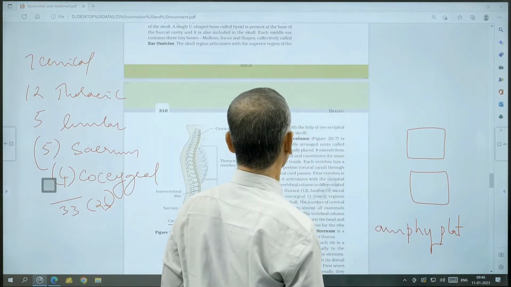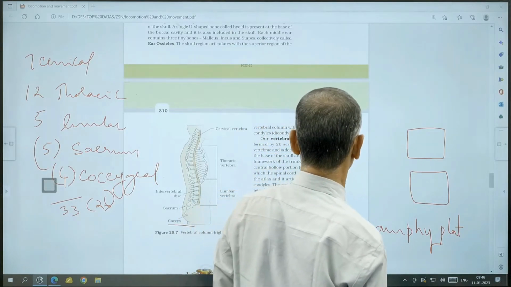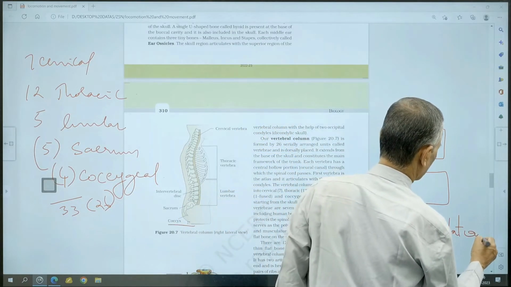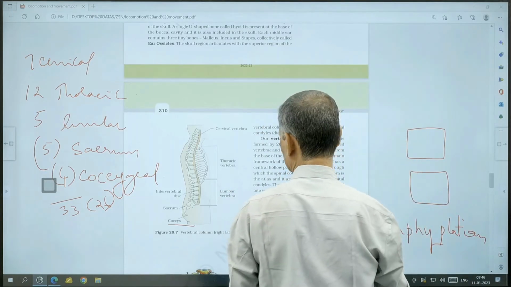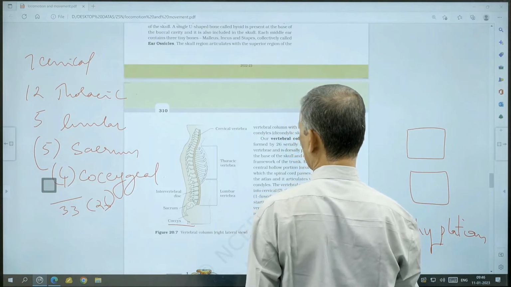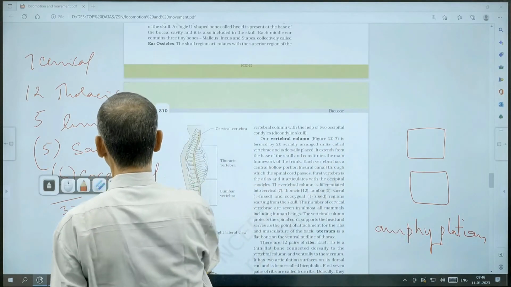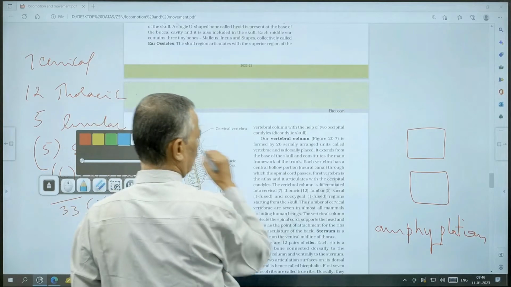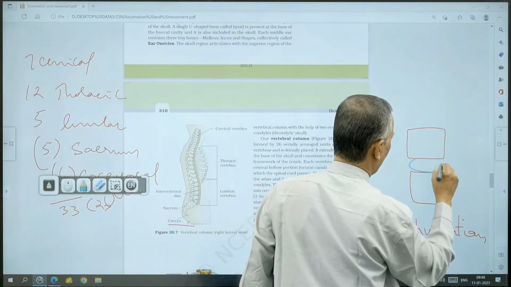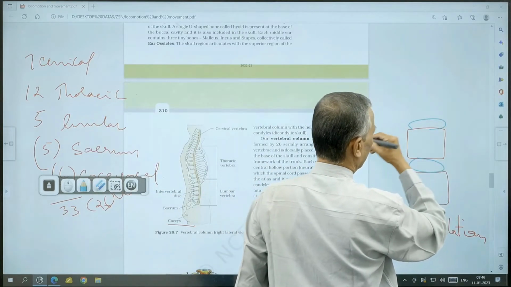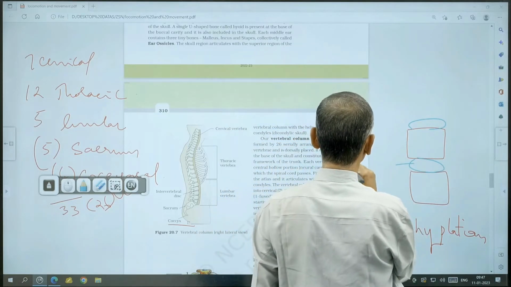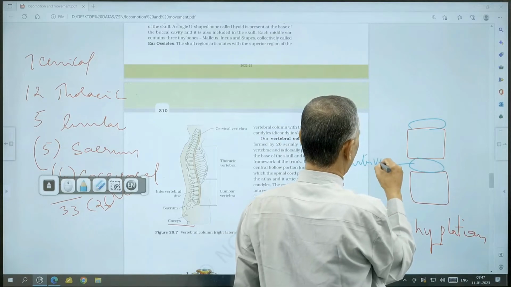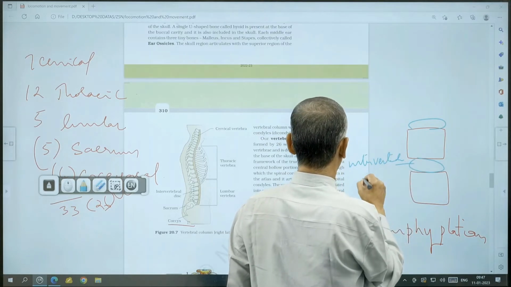So we are having amphiplatean. Okay. There is no cavity or convexity. And adjacent vertebrae are all connected together by a cartilaginous disc. This cartilaginous disc will be helping in slight degree of movement. This is called intervertebral disc.